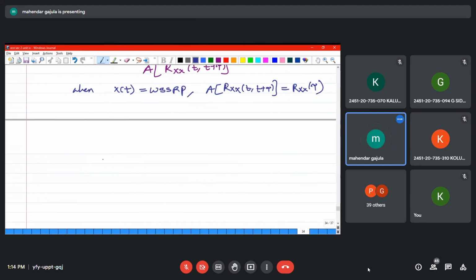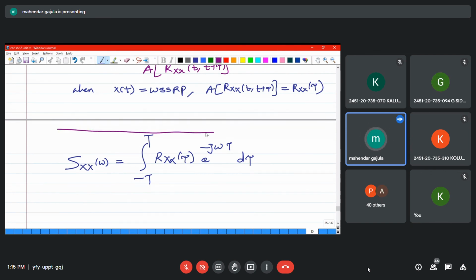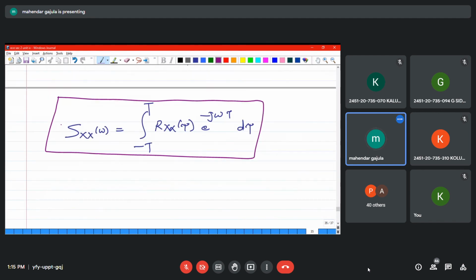So finally, S_xx(omega) is equal to integration from minus infinity to plus infinity R_xx(tau) e power minus j omega tau d tau. Okay, so this is the relationship between the spectral density S_xx(omega) and the Fourier transform of R_xx(tau).